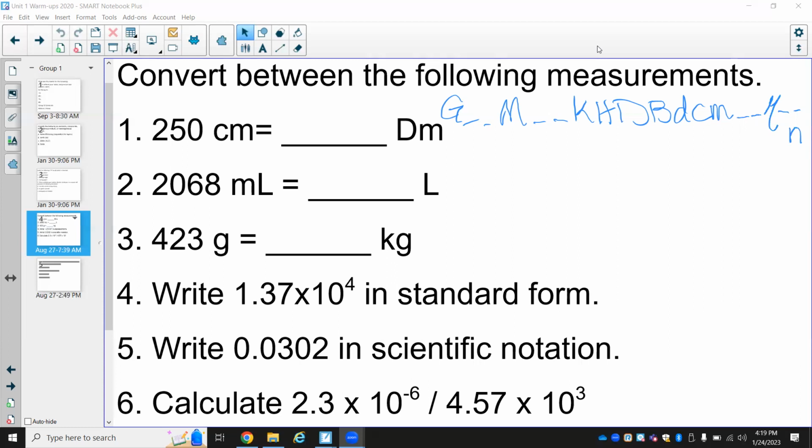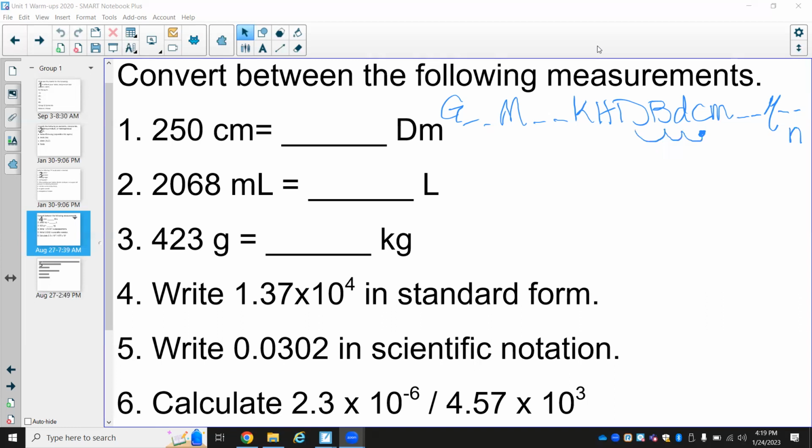So looking at this first problem, going from centimeters to decameters, that's the capital D. You would kind of put your pencil on centi, so like put your pencil on the C, and then count how many times you would move the decimal and which direction you would move the decimal to get to that deca for decameters. So we would have to move it 1, 2, 3 spaces to the left.